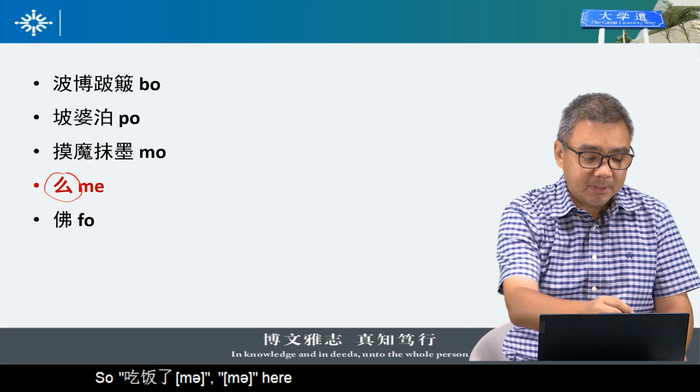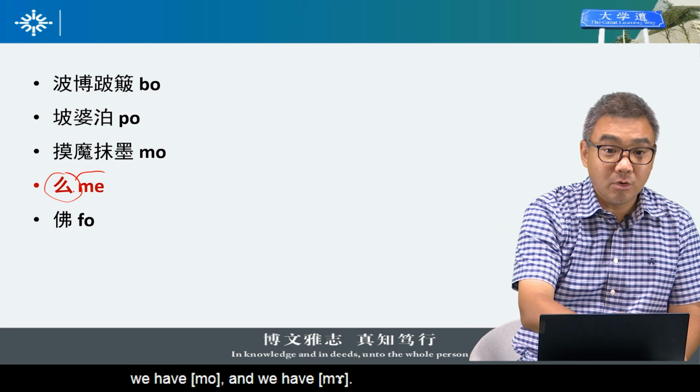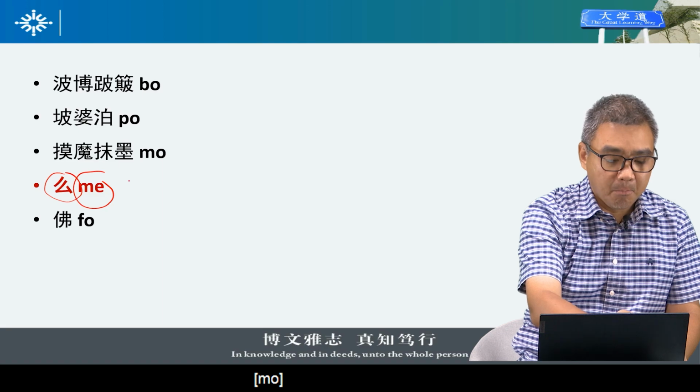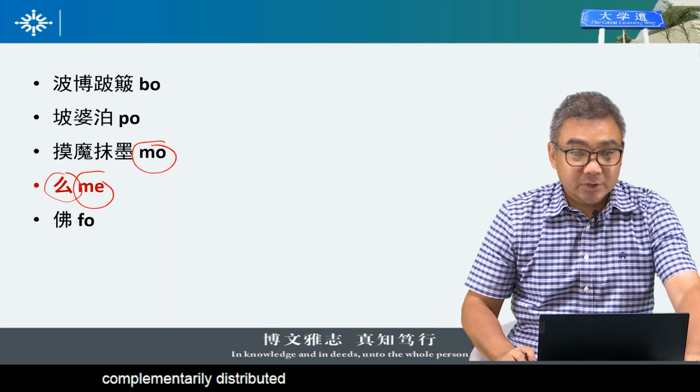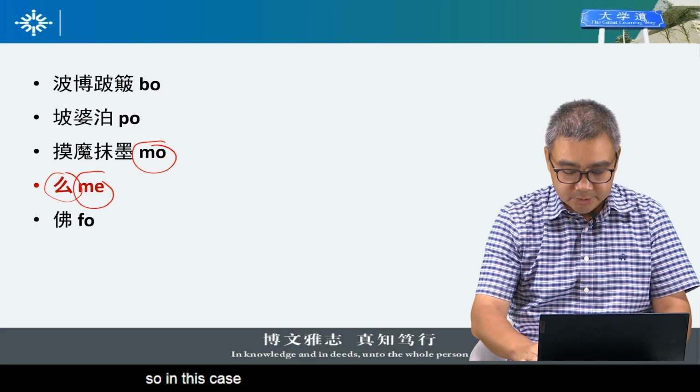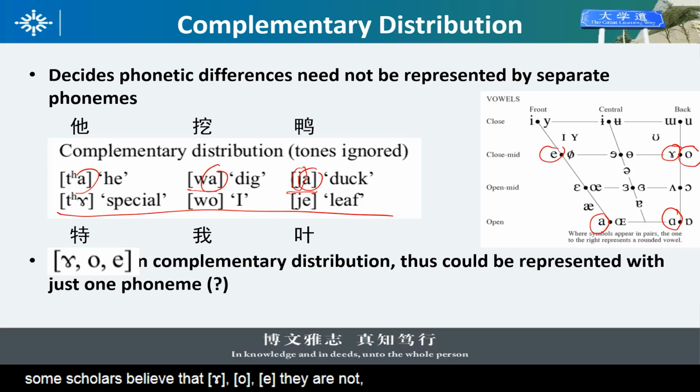So 吃饭了么 here, we have ma and we have me. They are not complementarily distributed. So in this case, some scholars believe that o and e are not, they cannot be regarded as belonging to the same phoneme.